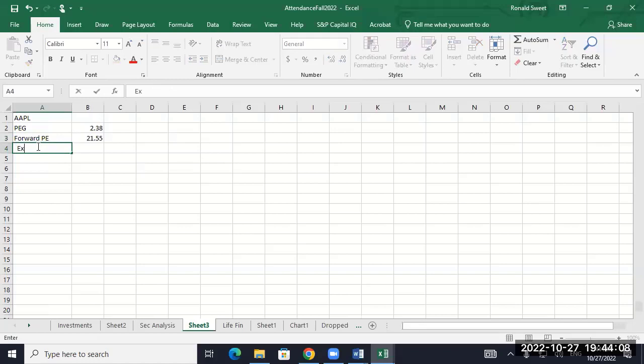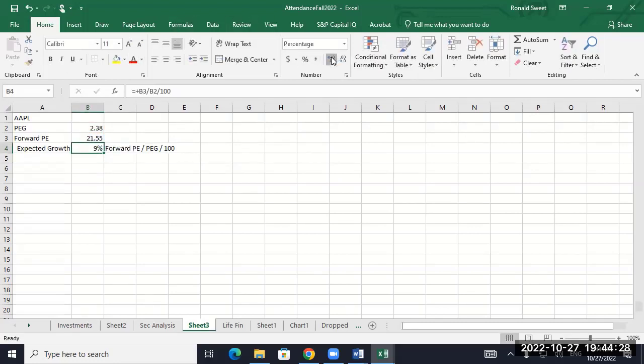So for the expected growth, you just take the forward PE divided by the PEG, and if you want to, divide by 100 because it's not in percent. That gives you 9.05. Now, does that make sense?